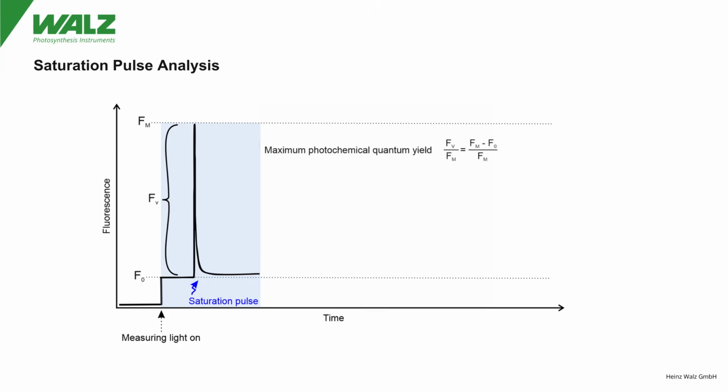The ratio Fv over Fm is commonly used as a simple indicator of the maximum quantum efficiency of Photosystem II in a dark-adapted sample. For many plant species, values around 0.79 to 0.84 are considered typical for healthy, unstressed leaves. Lower Fv over Fm values usually indicate photoinhibition or other forms of physiological stress affecting Photosystem II.